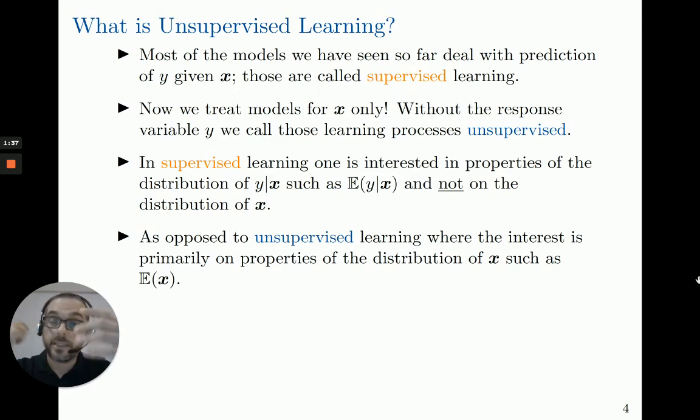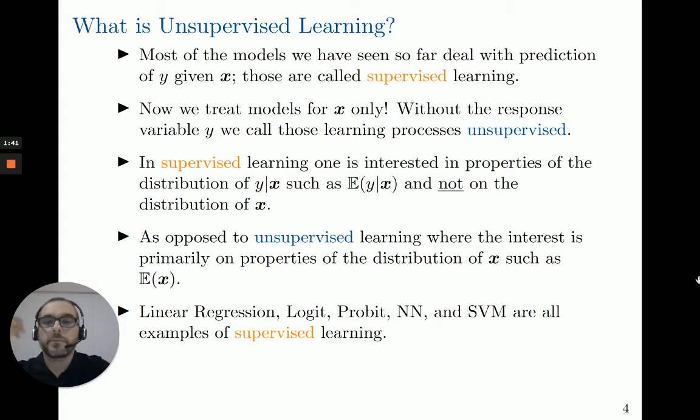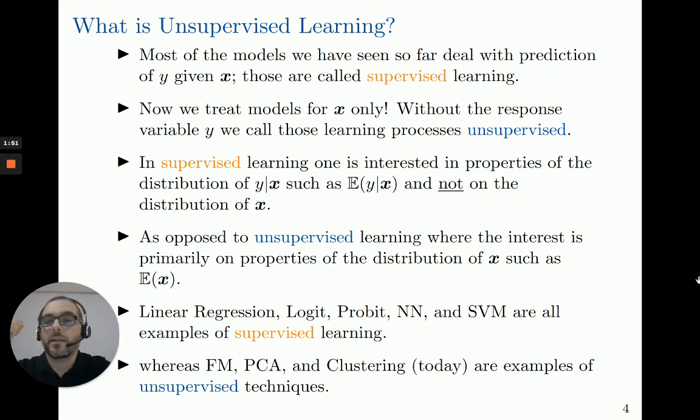An example is the conditional expectation of x. Examples of supervised learning are linear regression, logit, probit, neural networks, support vector machines, and so on. Whereas factor models, principal component analysis, and clustering, the topic of today's lecture, are examples of unsupervised techniques.